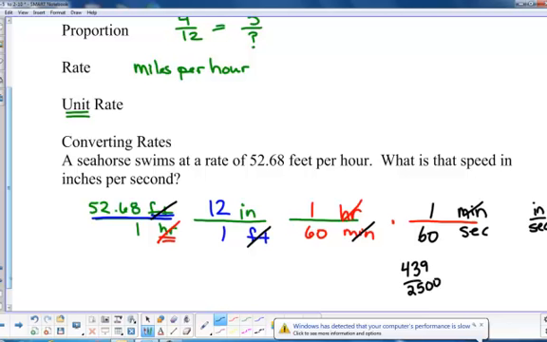So if you convert that to a decimal, which is probably what most of your calculators will give you, you'll get 0.1756 inches per second. Feet per hour to inches per second.